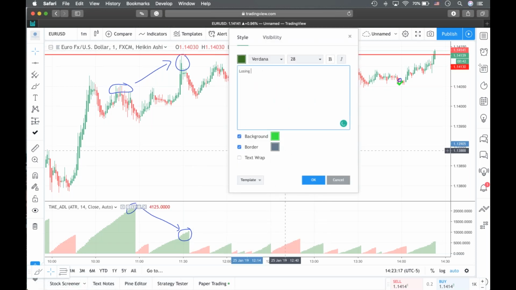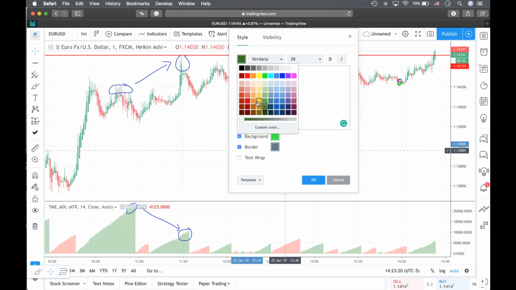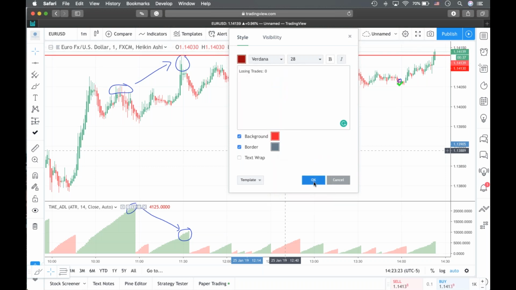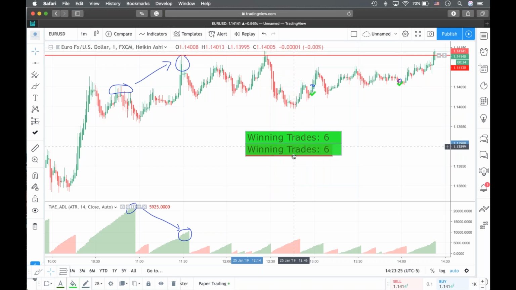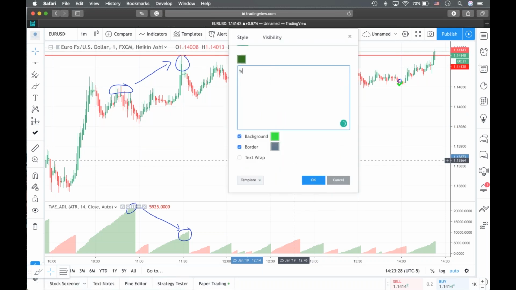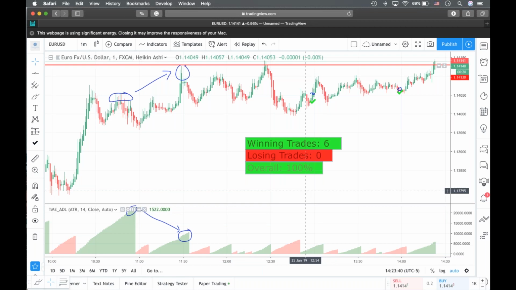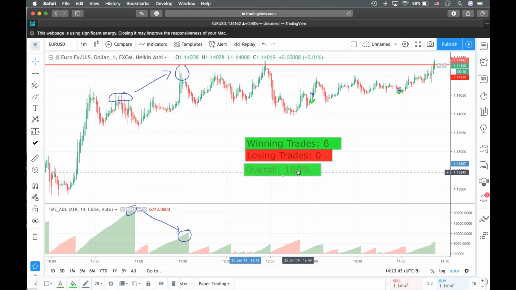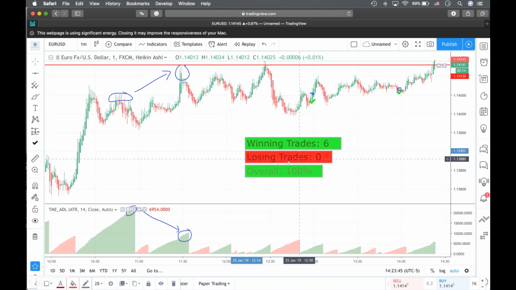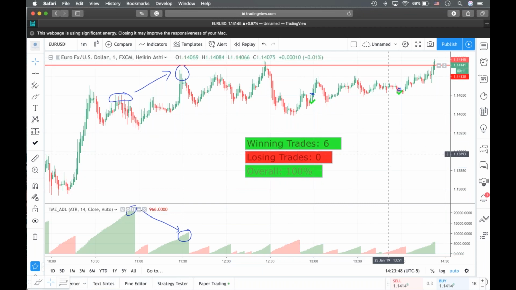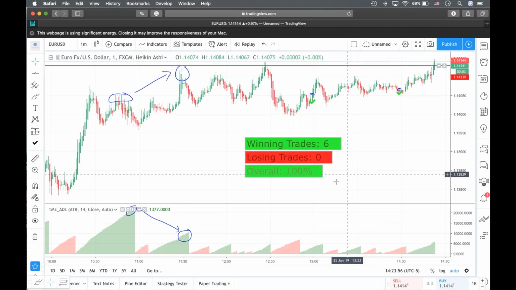Okay, losing trades, we have 0. Overall, this is easily a 100% win rate, but bear in mind that it won't be 100% all the time. We're not trying to sell you a 100% system. There is no such thing, so bear in mind. But it will definitely be more than 80-85%. This is what the strategy is built upon.